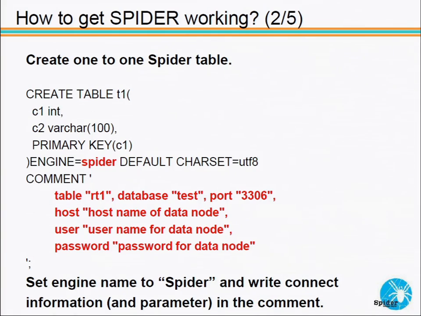When you need one by one Spider table, one by one means one Spider table aims one remote table. First, you write engine equals spider. Then you write connecting information into comment.